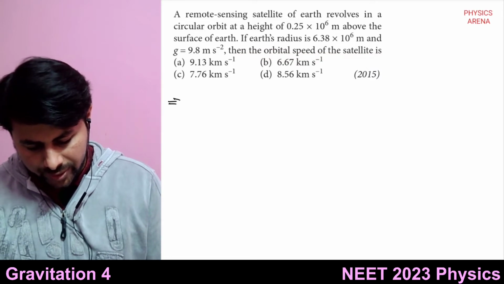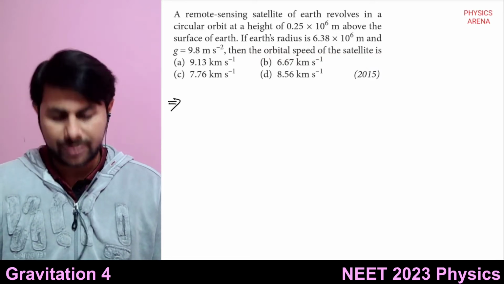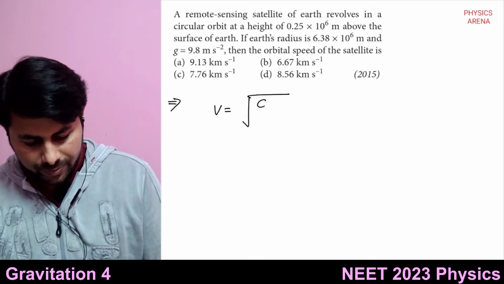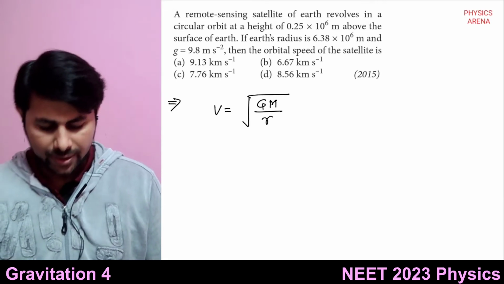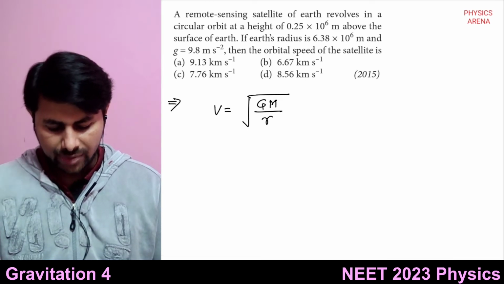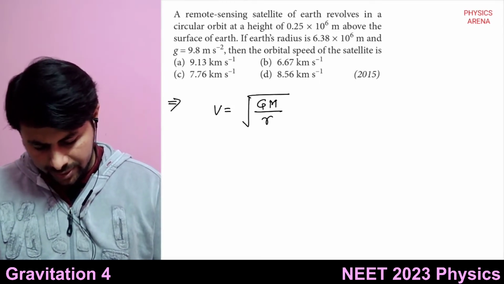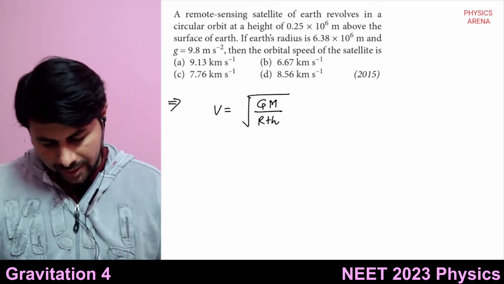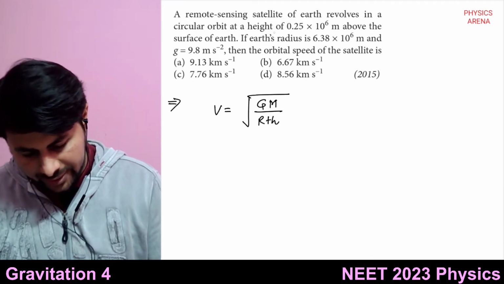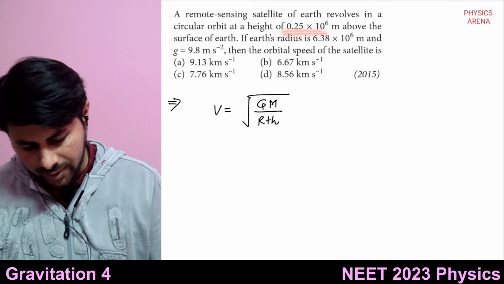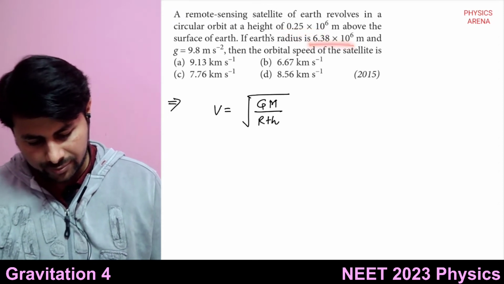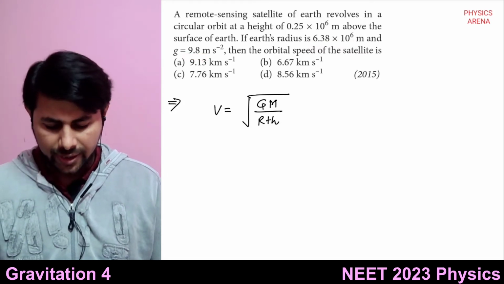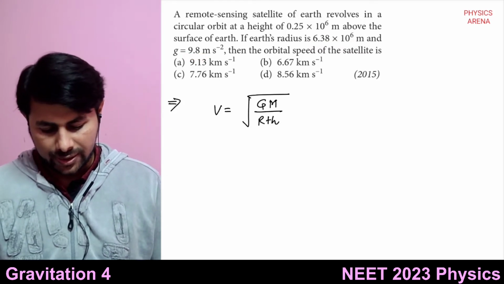So we know the formula for orbital speed of a satellite. v equals square root of GM upon r, that is square root of GM upon R plus h. Small r is capital R plus h, and you are given that the height is this much, then Earth's radius is this much, and small g is equal to 9.8 meters per second square.